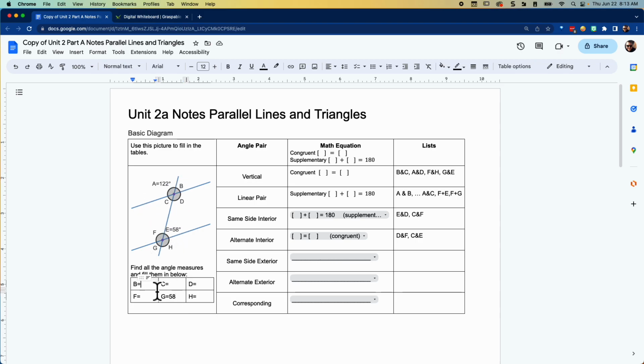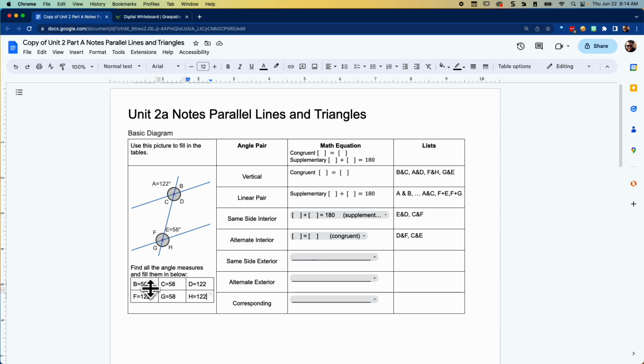B and C are also 58, so that's 58, and C is also 58. Then we have all the big angles. Those are 122. So A is 122. Across from it, D is also 122. And then I have F here, is 122. And H is also 122. Okay, so we got a lot going on there.